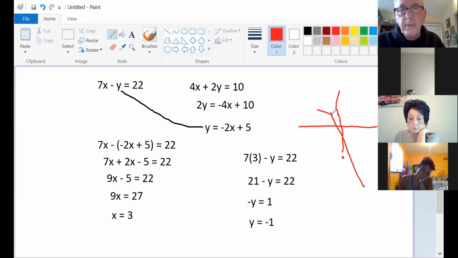It goes like this. Where they cross is this y and this x value. If I had done this right, that's what it should be. But obviously I didn't do it right. The point is that's how you do it. You graph these and you'd see that it crosses where x is equal to 3, y is equal to negative 1. But this is the substitution method. That's what substitution means.